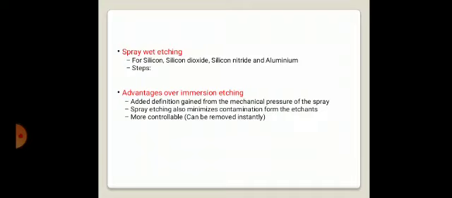Water is then spread onto the surface of the etched film for etchant removal, and finally rinse and spin dry. The advantage over immersion etching is the added definition gained from the mechanical pressure of the spray. Spray etching also minimizes contamination of the etchants, and this is also a more controllable technique.